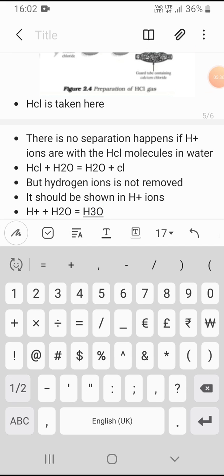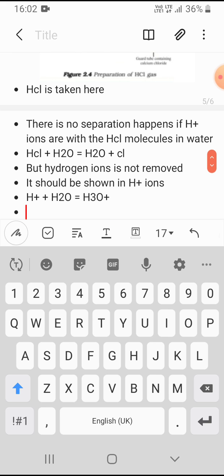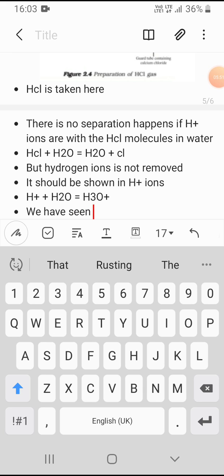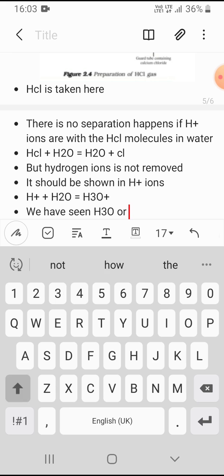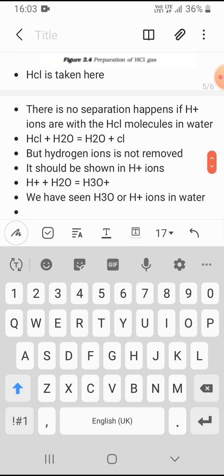We get H3O plus because there are 3 atoms here, 2 atoms of hydrogen in H2O and 1 atom of hydrogen, so when they both combine we get H3O plus, because the plus charge is there. We have seen H3O plus or H plus ions, hydrogen ions, in water.